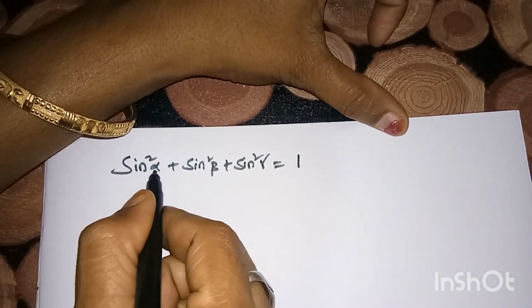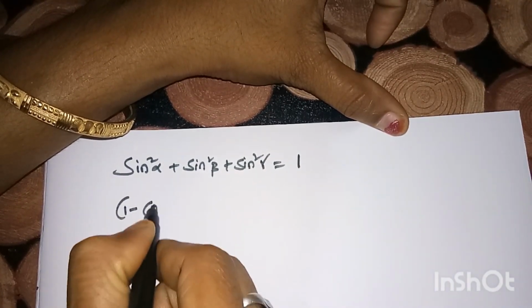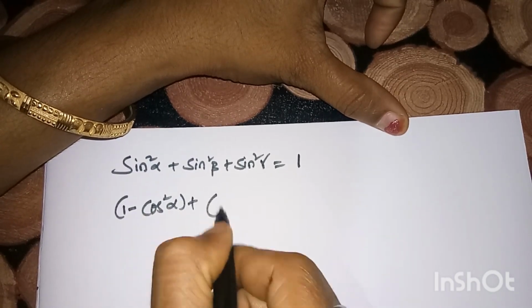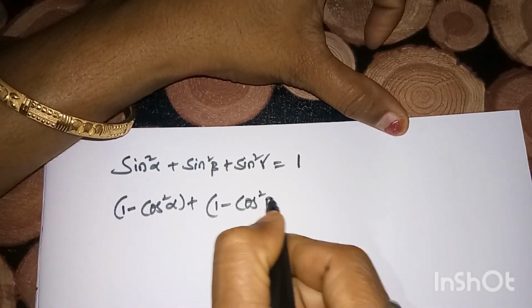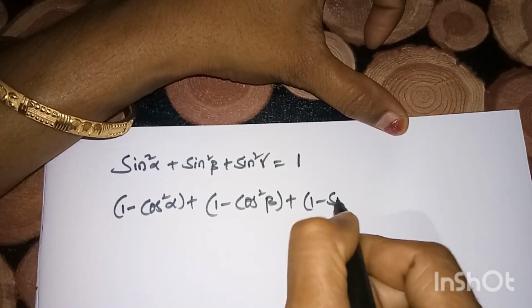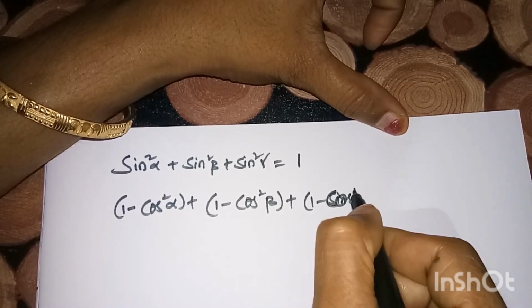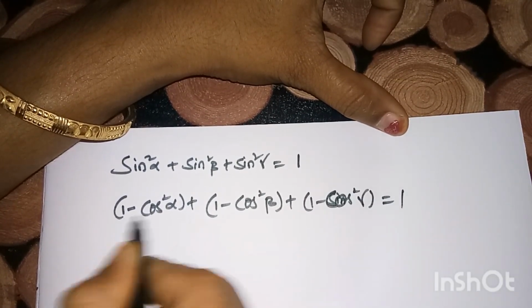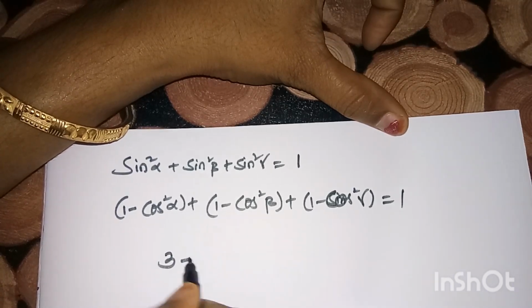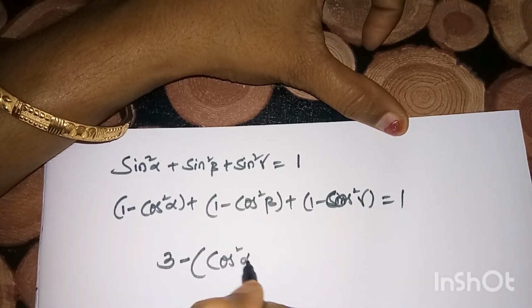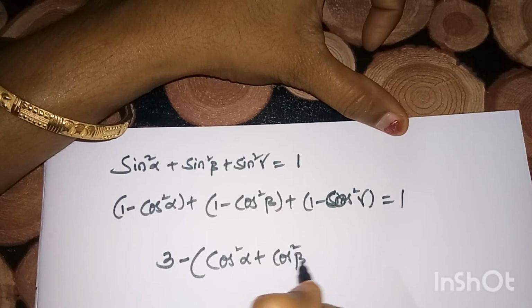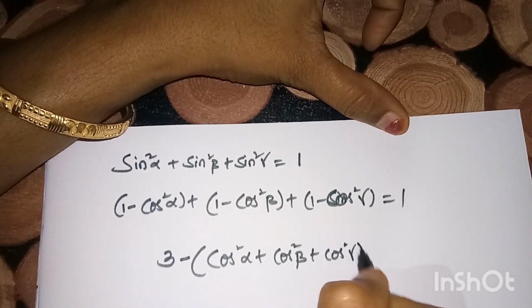So sin square alpha means 1 minus cos square alpha, plus 1 minus cos square beta, plus 1 minus cos square gamma is equal to 1. Same, 1 plus 1 plus 1, 3 minus of cos square alpha plus cos square beta plus cos square gamma is equal to 1.